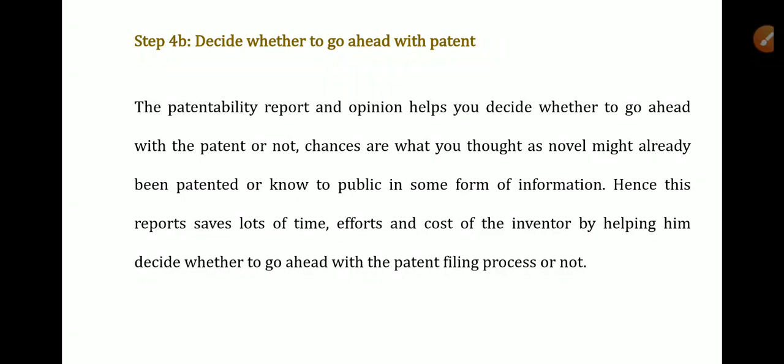The professionals' report and opinion will give you the idea whether you are going to quit the invention or proceed with the further steps to get a patent. Chances are that what you thought was novel might already have been patented or known to the public in some form of information.